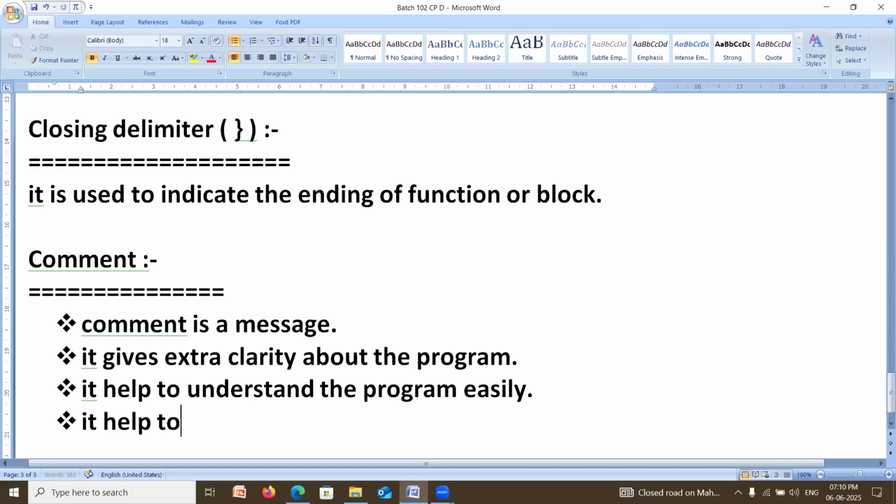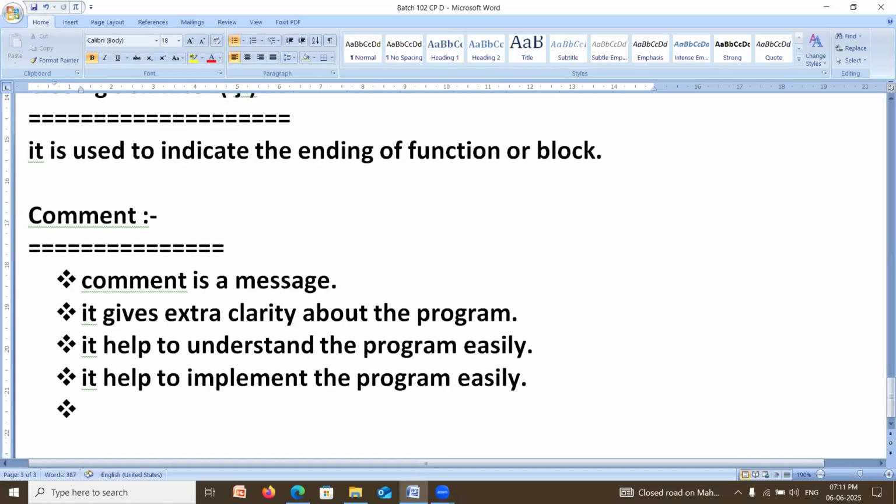Implement means development. If you don't write comment, then the readers cannot understand your program. So you have to write it.